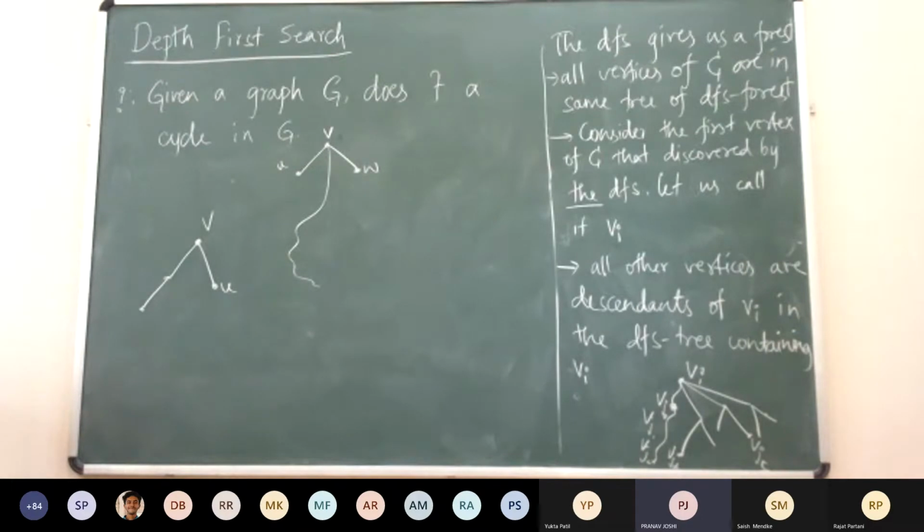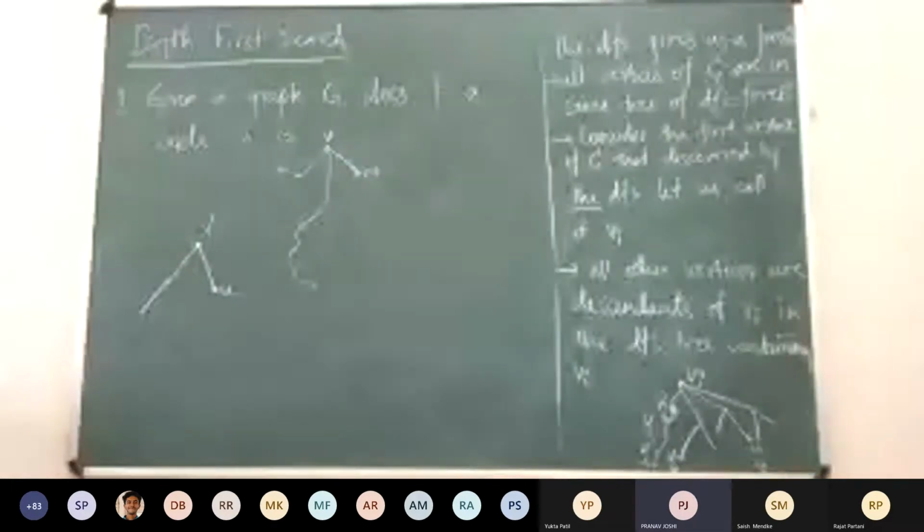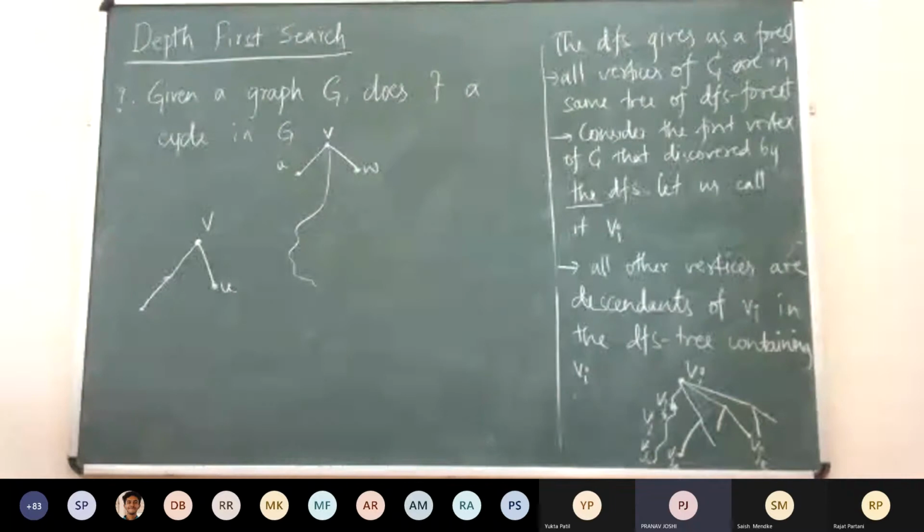So from U, if we go on discovering, we will also encounter W at some point. Suppose we have some vertices in the path between U and W. Either we have discovered all those vertices, or we'll go on discovering those vertices and then we'll find a back edge.